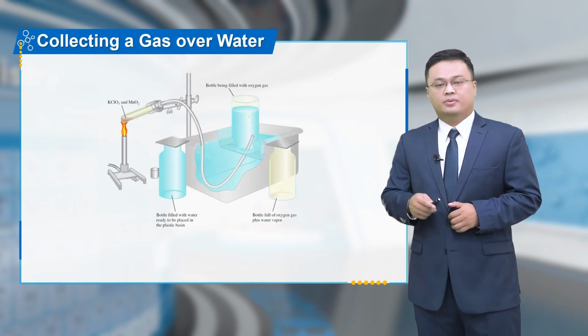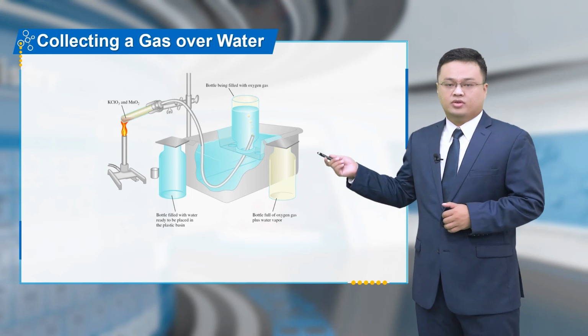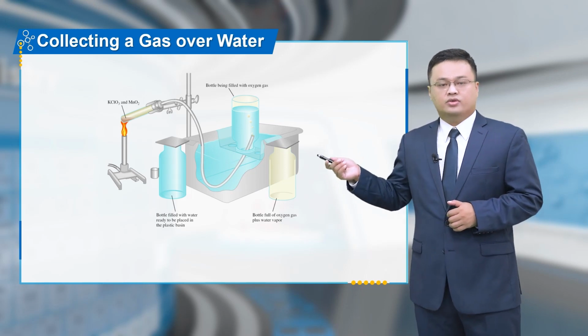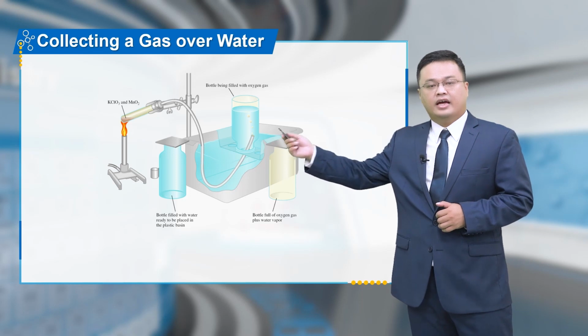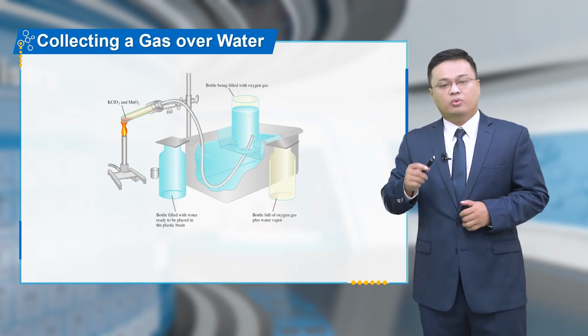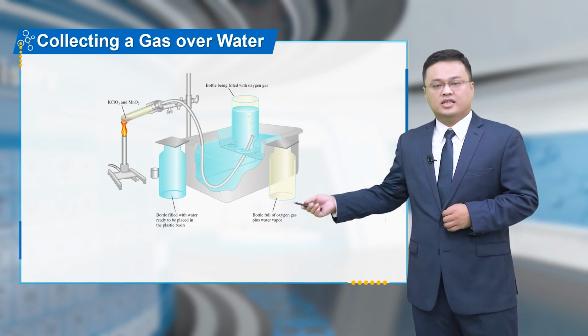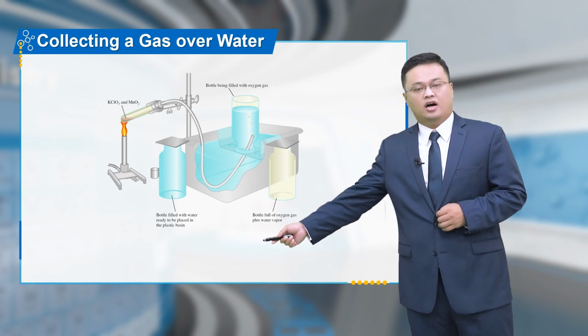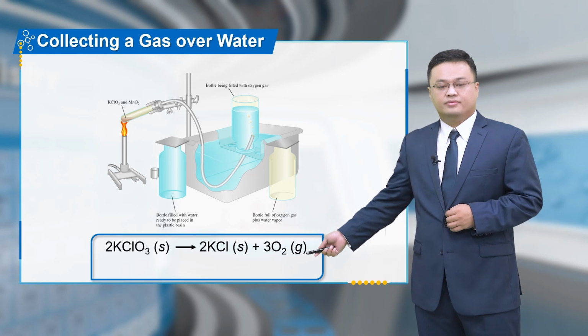Let's recall the preparation of oxygen in the lab. Still remember the picture, right? Does the bottle only collect pure oxygen inside? Actually not. Water vapor is also inside, so it is wet oxygen. The total pressure inside equals the pressure of the oxygen plus the pressure of the vapor.